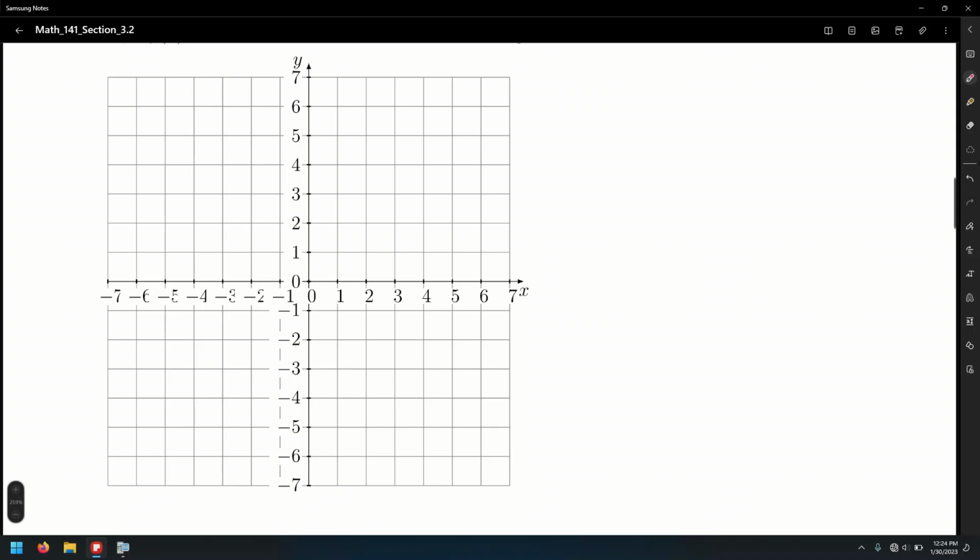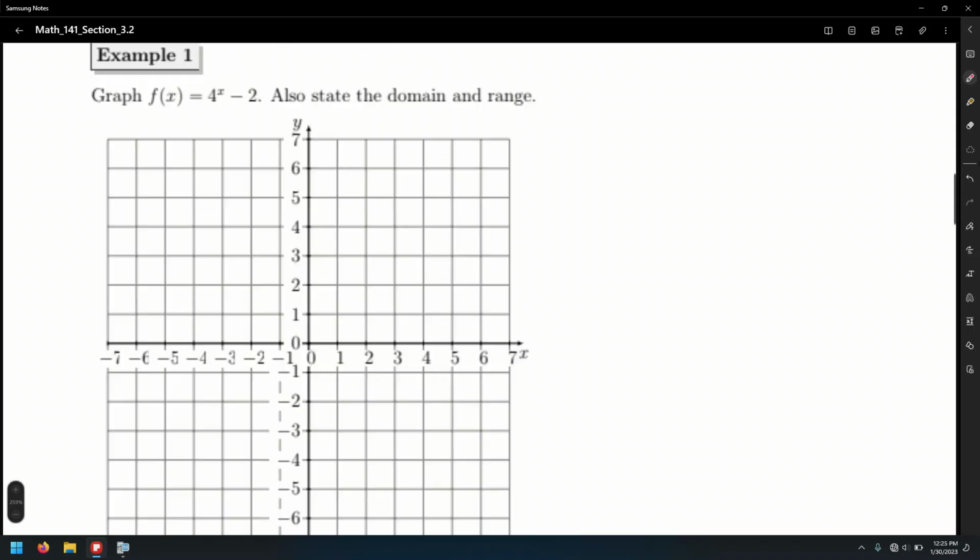There's a whole section about this transformation, starting with the library of functions such as the parabola, the linear, the exponential, the rational, the radical, and shiftings work the same for every single function.